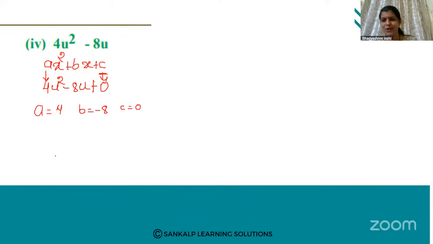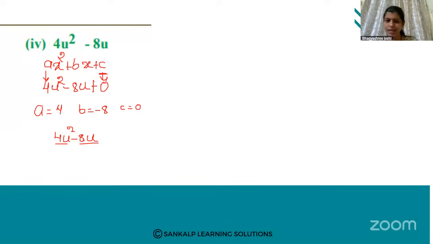That means we now find the values of alpha and beta. How are you going to find alpha and beta? See here, our polynomial is 4u square minus 8u, right? Here 4u square and 8u, which term is common?